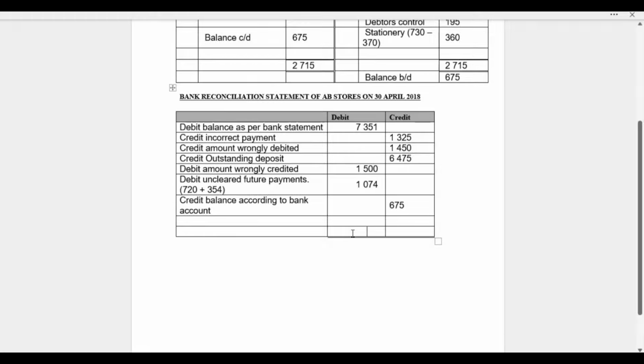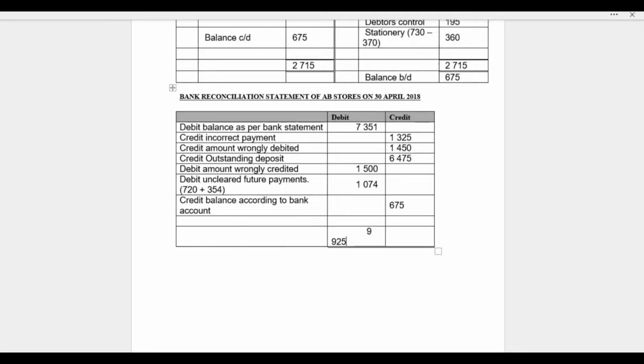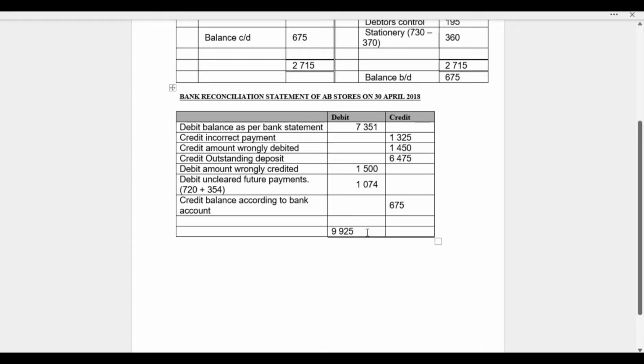I get a total of 9,925. And then even the credit side should be 9,925. If not, then there's something wrong that we need to go and check and correct. But if they're equal, therefore we are happy.